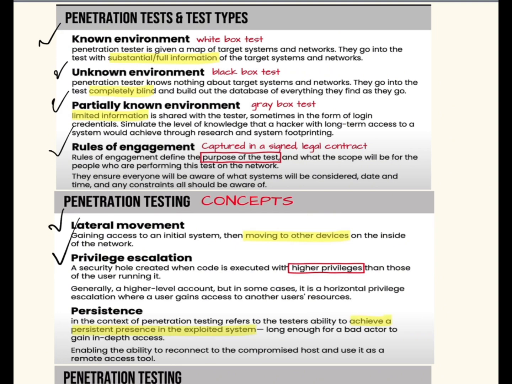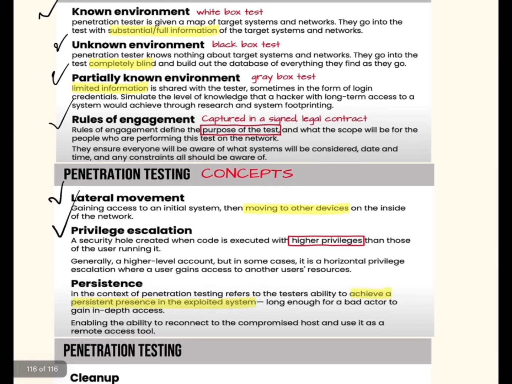When you get access to the system, you may get access to a higher level, it could be admin, and then you can perform tasks as an admin. Therefore, privilege escalation is another important topic, and we need to understand what it is.